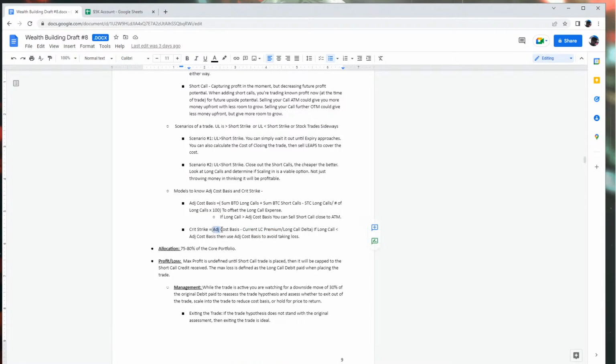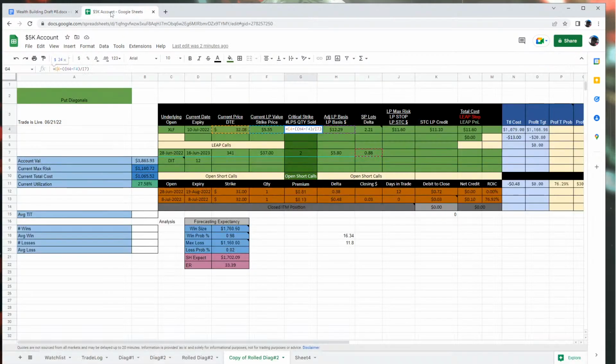My critical strike is going to be my adjusted cost basis minus current long call premium divided by long call delta. And in this case, I have the stock price up here because it's different for puts rather than calls. You have to calculate it a little bit differently, and I can't say 100% this is the right way to calculate it. But this is something that's a work in progress.